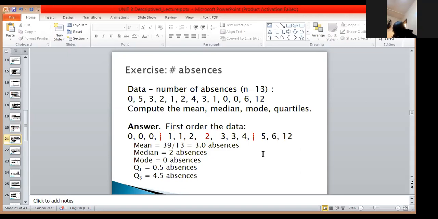Exactly. So you discover that if you are looking at other writers, the way they describe the first quartile and the upper quartile, like in your lecture notes that I saw, is that the lower quartile is the number immediately above 25%, and the upper quartile is the number immediately below 75%.